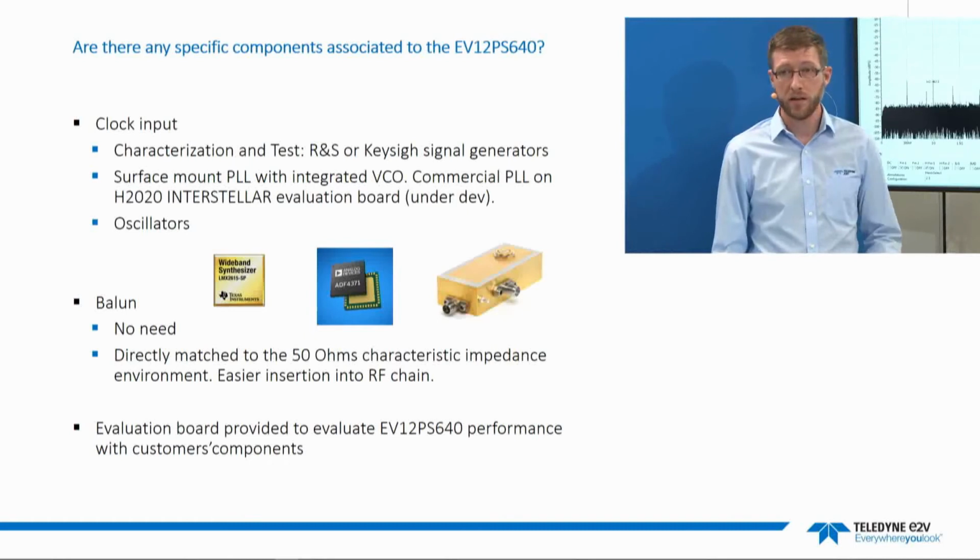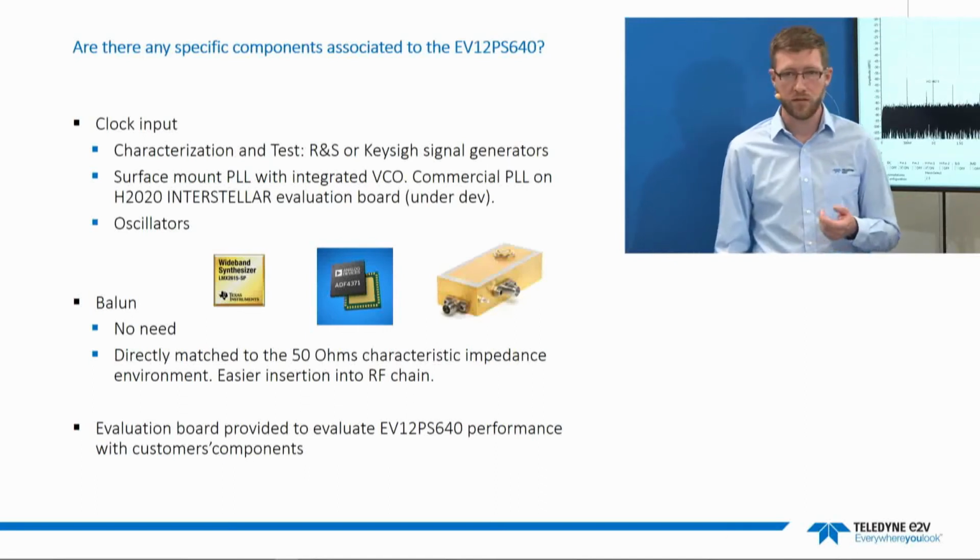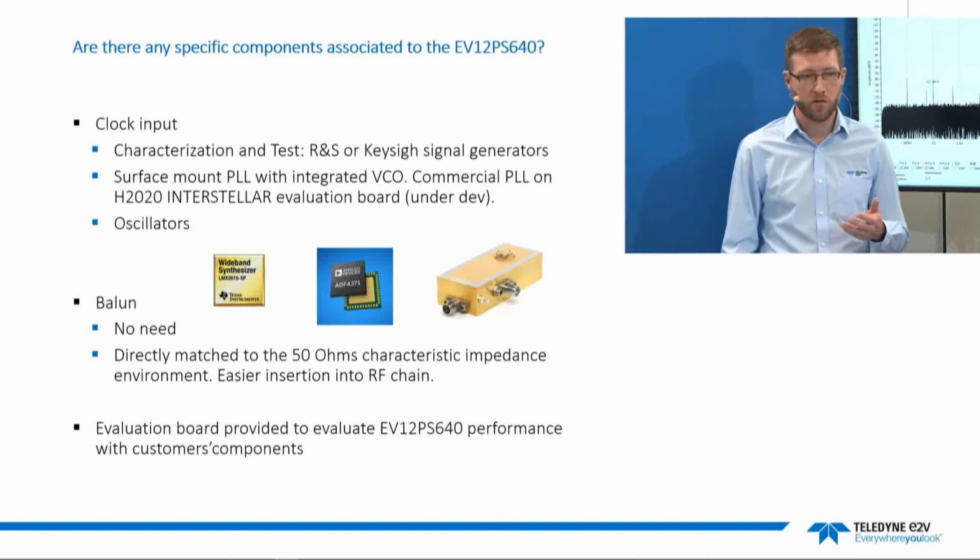Of course, on the market, there are existing surface mount PLLs in order to have a better integration level, using standard parts available from standard manufacturers. There are some examples here on the screen of integrated PLLs with integrated VCOs. There are also oscillators that can be used on this input. And maybe one thing to emphasize, shown on the bottom of the slide, is that there is no need for an external balun.